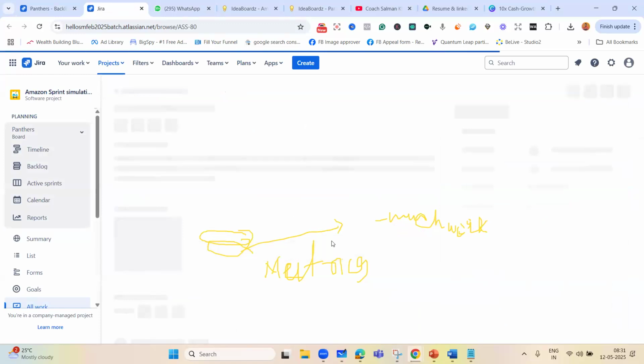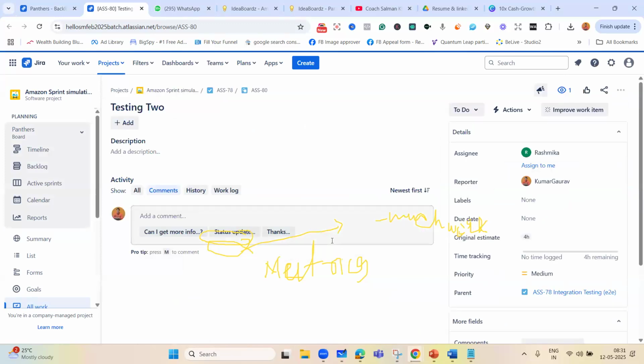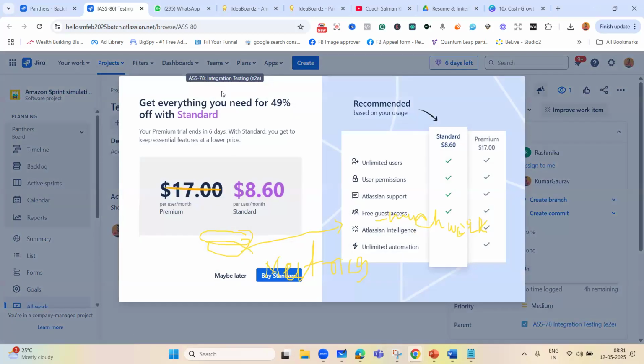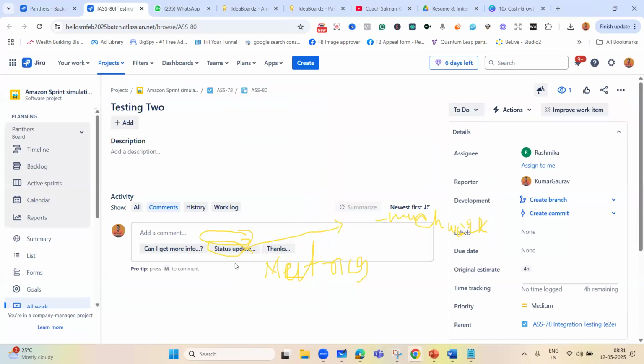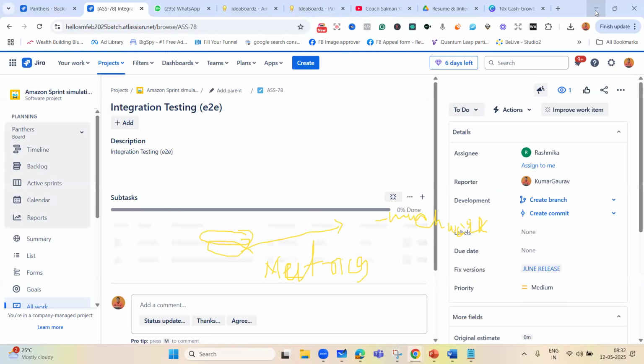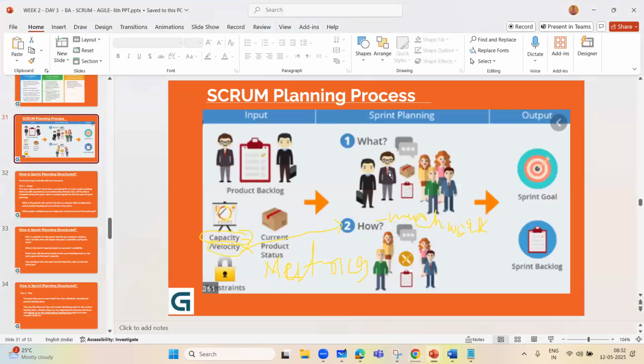So what are we delivering initially? Part of working software. And what would those parts be called? User stories. User story.